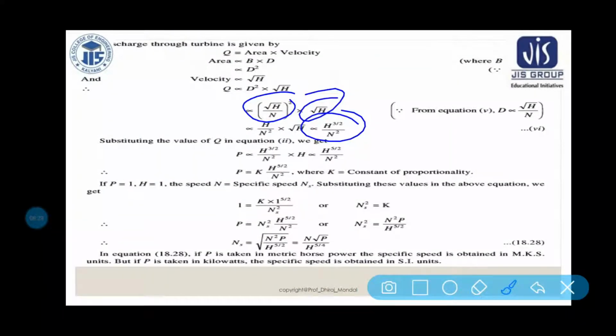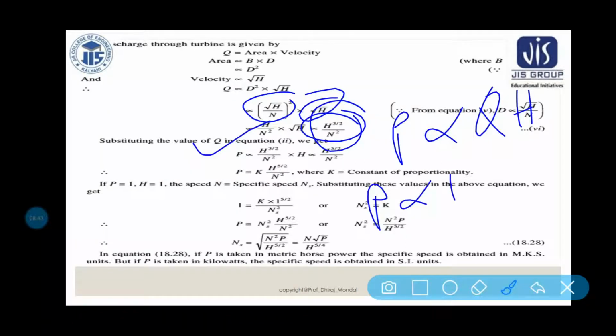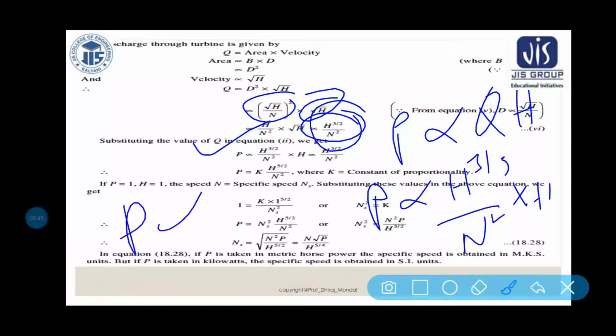Now come to the next point. The p is proportional to what? P is proportional to q into h. Now q I have already got. I have got h to the power 3 by 2 by n square into h. Okay, so ultimately p is proportional to what? H to the power 5 by 2 by n square.